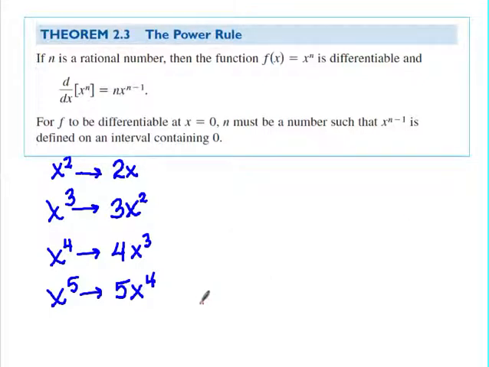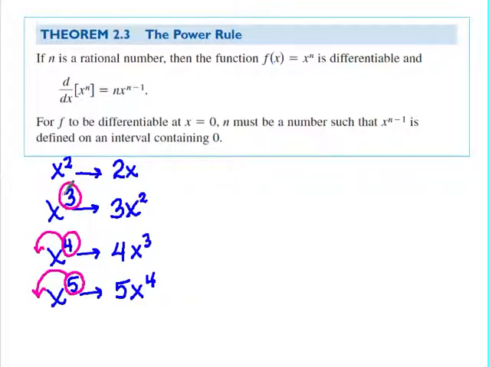Where does that come from? How do you get that? You take the 5, move it to the front, and then subtract 1 from the exponent. You take the 4, move it around front, subtract 1 from the exponent.